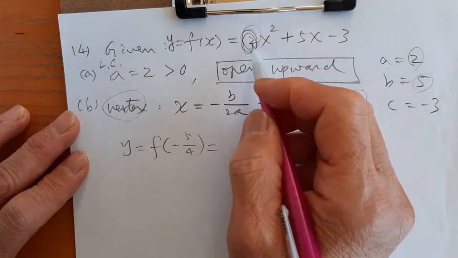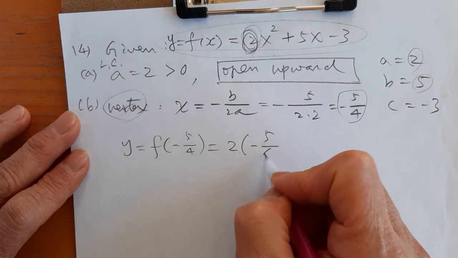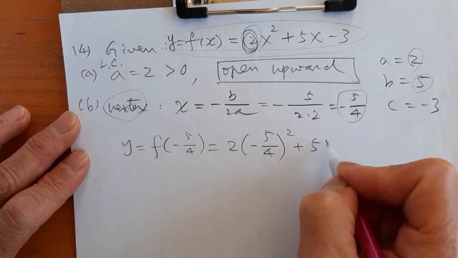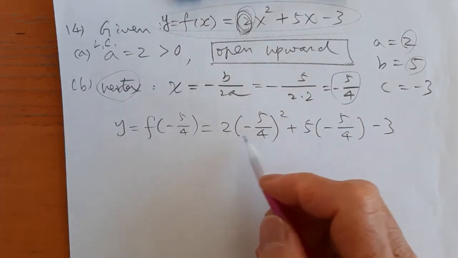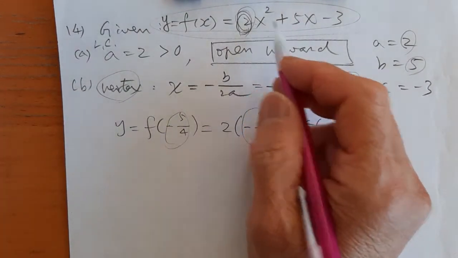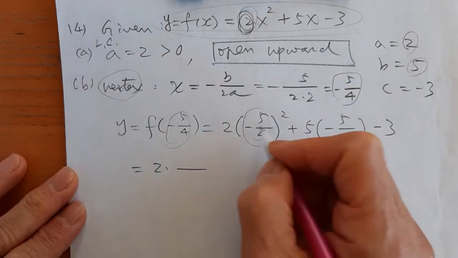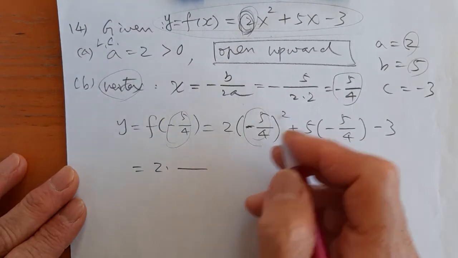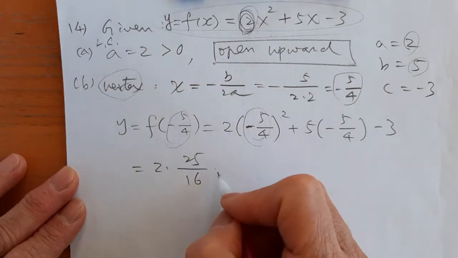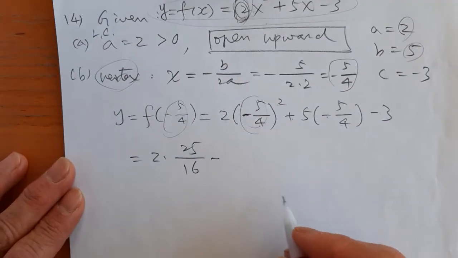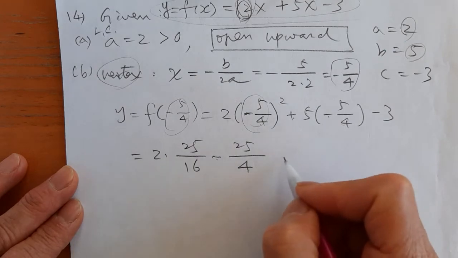Plug into the original function: 2 times negative 5 over 4 squared plus 5 times negative 5 over 4 minus 3. Put negative 5 over 4 in for x. We get 2 times 5 squared, 25, over 4 squared, 16, and then 5 times negative 5 is negative 25 over 4, minus 3.